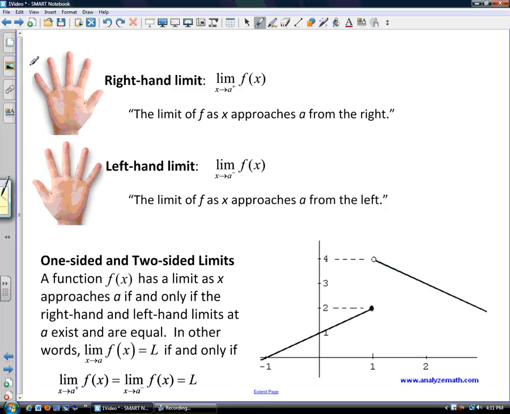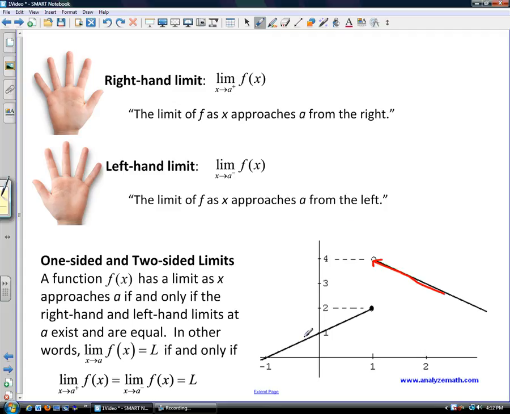Okay, next step, left and right hand limits. So a right hand limit is you're looking at the function as it comes from the right. So taking a look at this graph here, following my function from the right, my y value is going to 4. So therefore, the limit as x goes to 1 from the right, so 1 with a little plus sign, of f of x equals 4 in this example.